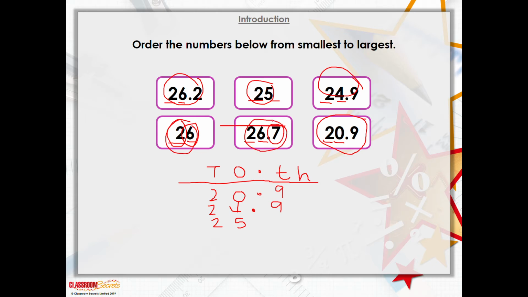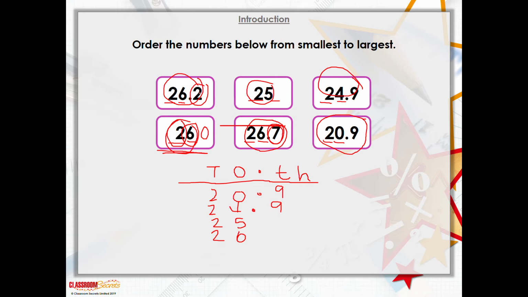However, I need to now look at my next value digit down my place value system, which is tenths. And in the tenths column, there is nothing in this one here, 26. So there's no tenths, it's just 26.